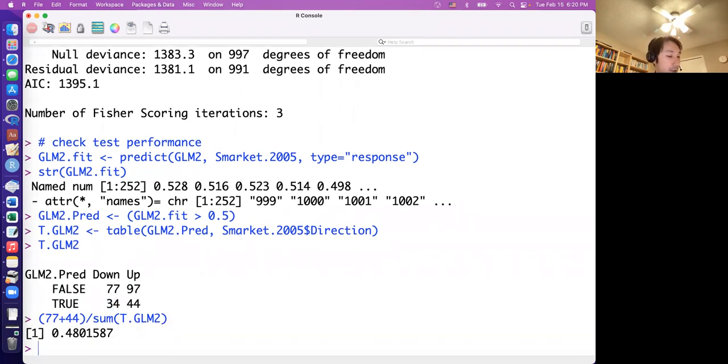So we are only 48% correct. But sometimes this can exceed much more than that. So we are only 48% correct. So it does not work anyway here.